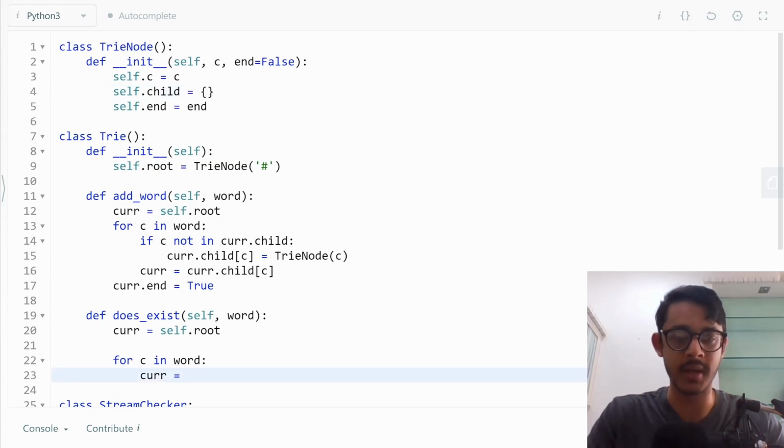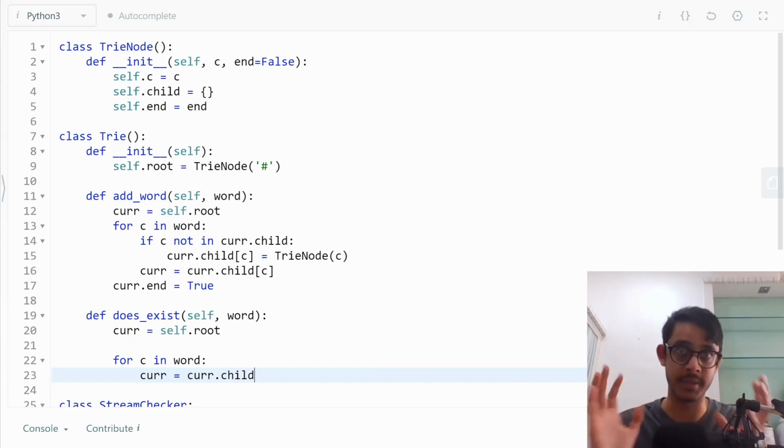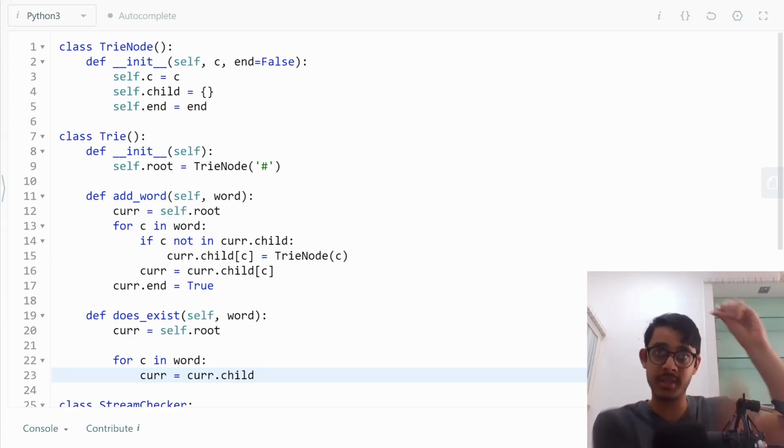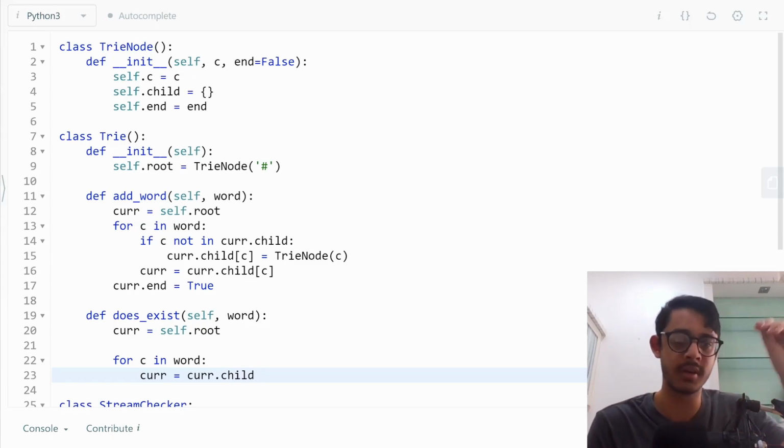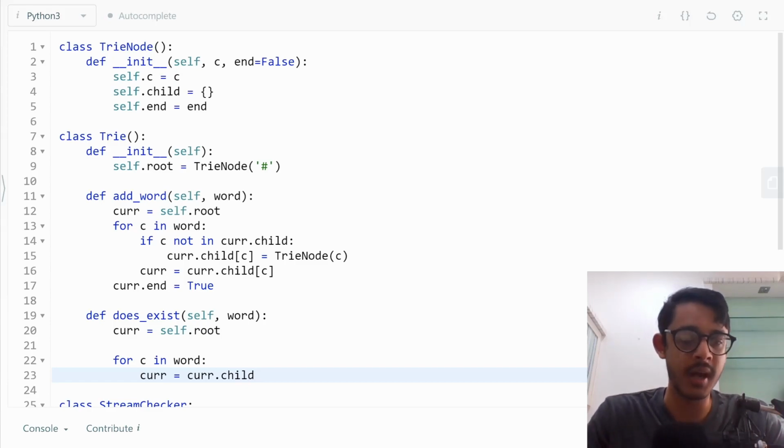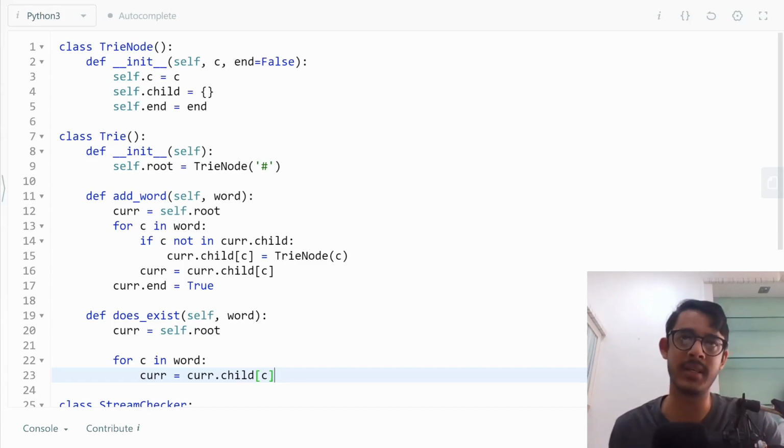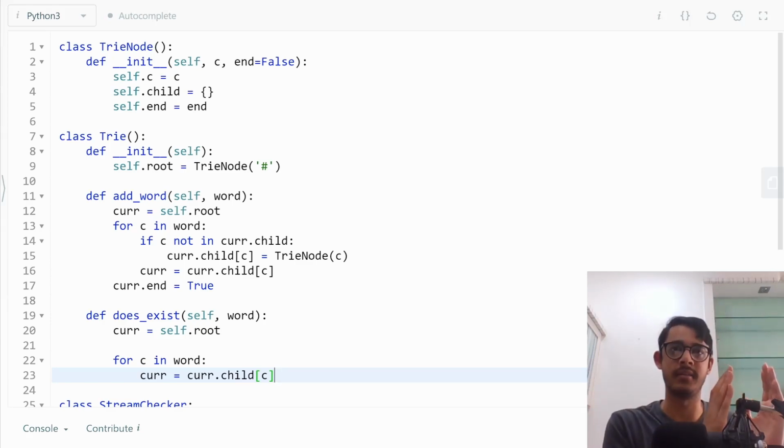So I can just look at current.child. Current is a node, and I want to look at the list of all of its children, and know if there is a character C present inside of it or not. Because if there is, I can move to that character.